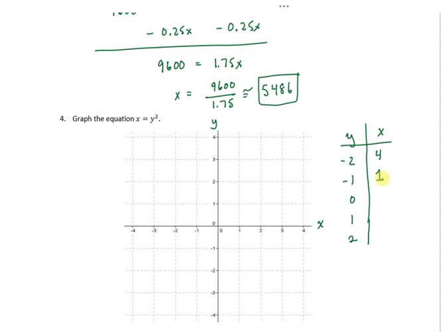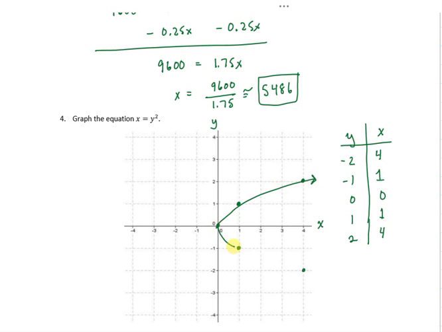If it's negative 1, x is 1. If it's 0, x is 0. I get a 1 here and a 4 here. So graphing those: y is negative 2, I get 4; negative 1, I get 1; 0, I get 0; 1, I get 1; and 2, I get 4.